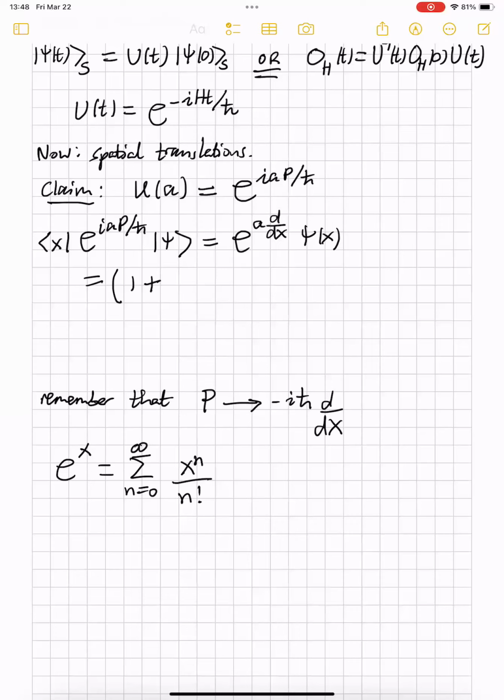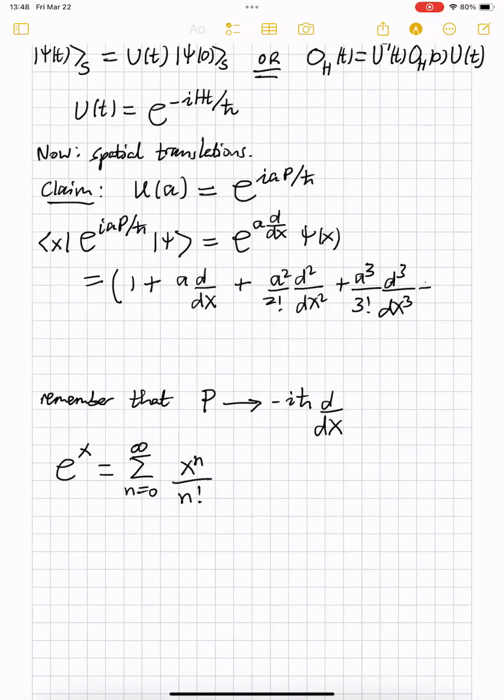So I'll just have 1 plus the first order term with n equal to 1. I need to take a d by dx, raise it to the power of 1, and divide by 1 factorial. Then plus, I should square a d by dx. So this will give me a squared d2 dx2, divided by 2 factorial. And let's write in just one more term, just to make sure that things are completely clear.